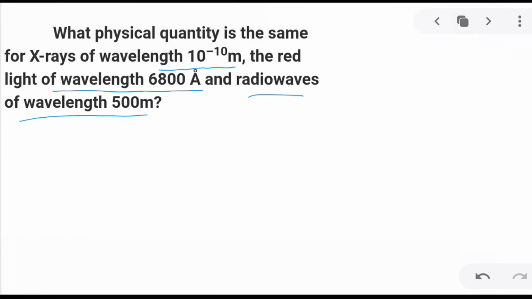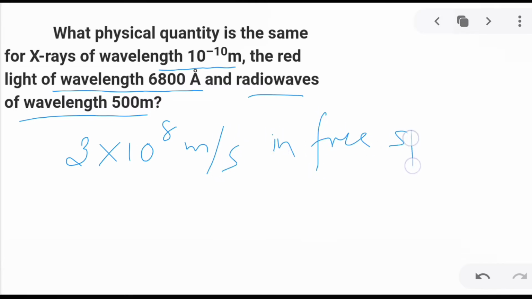Now see, all the electromagnetic waves have a property. Whether it is X-rays, visible rays, or gamma rays, all the electromagnetic waves travel with a velocity of 3 into 10 power 8 meter per second in free space, or vacuum.